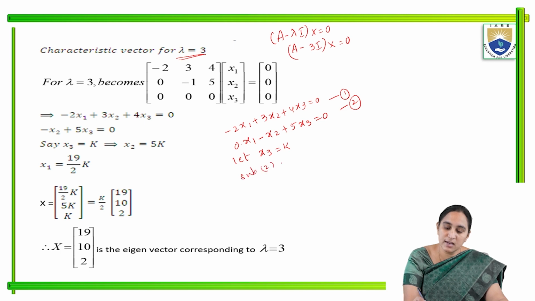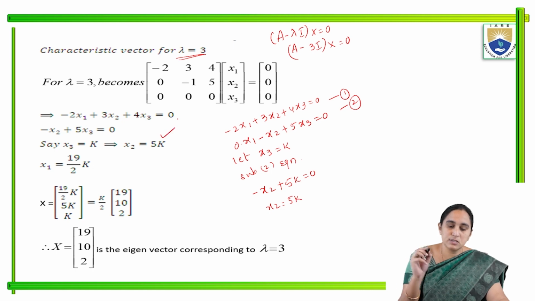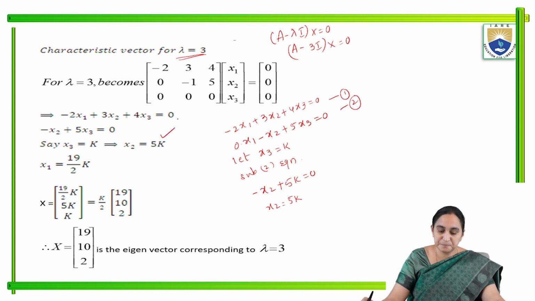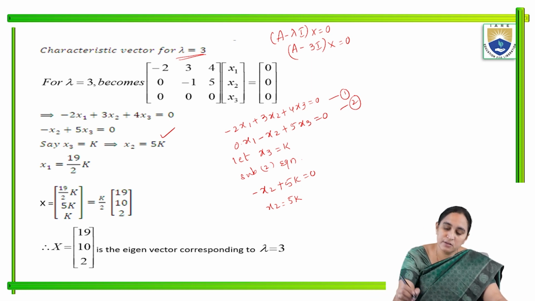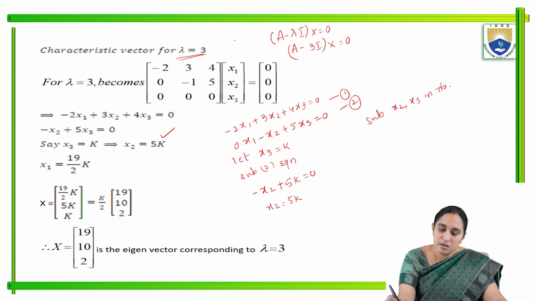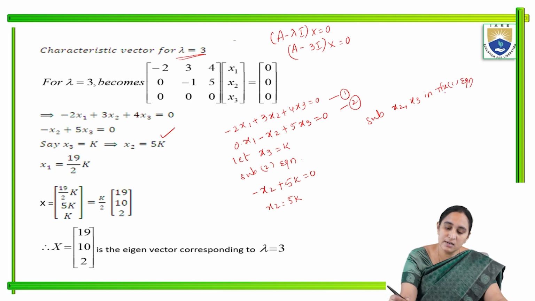Substitute in the second equation. What about x2? That is 5 into k, so x2 is equal to 5k. Now that we know x3 and x2, substitute x2 and x3 in the first equation to get x1.